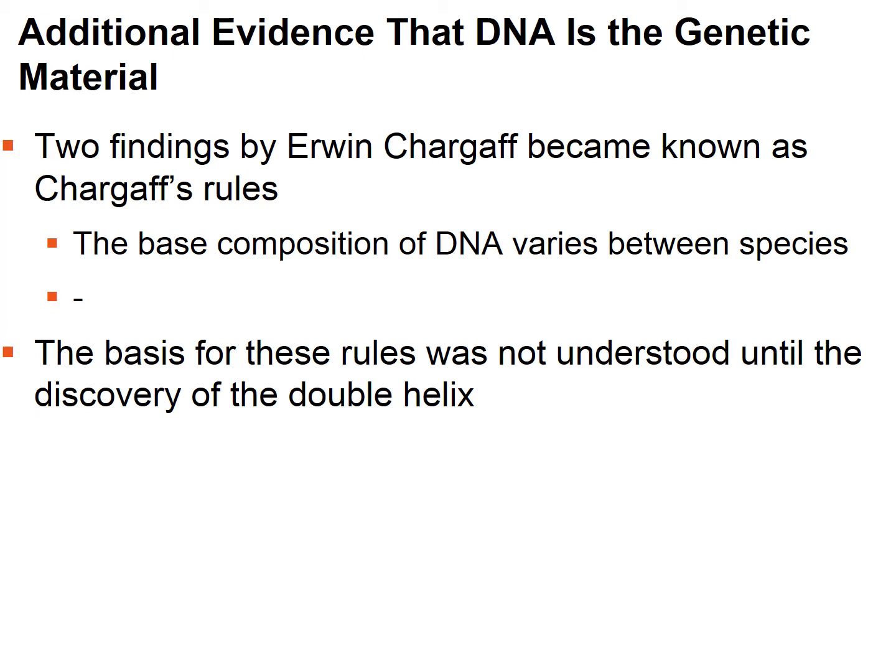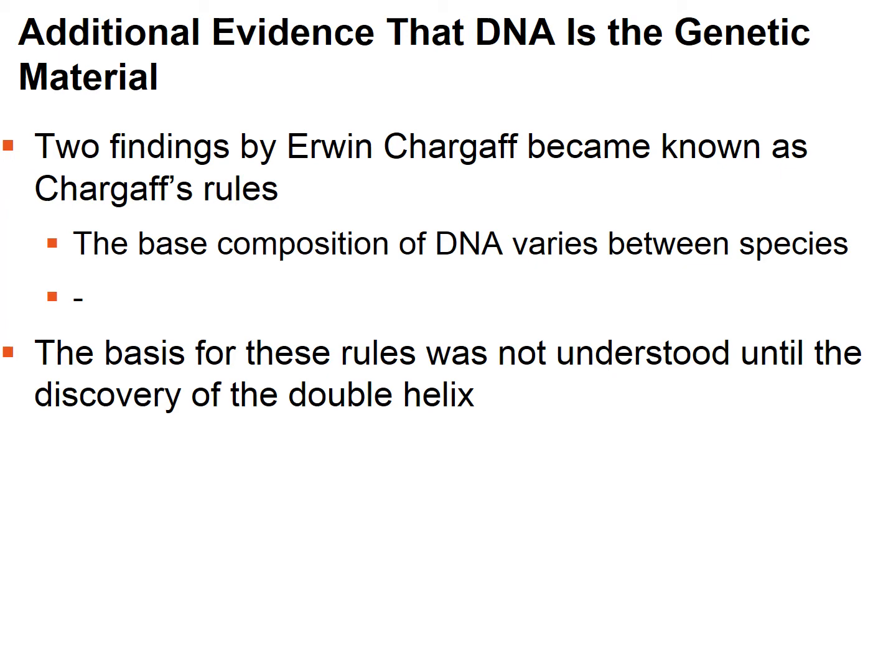Another finding that he had was that in any species, the amount of adenines was approximately the same as the amount of thymines, and the amount of guanines was the same as the amount of cytosines. Now, the basis for these rules was not understood until the discovery of the double helix.